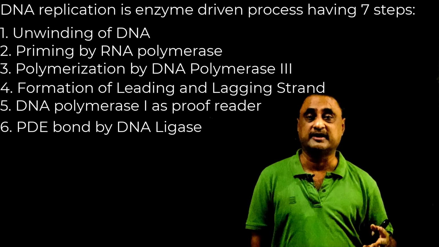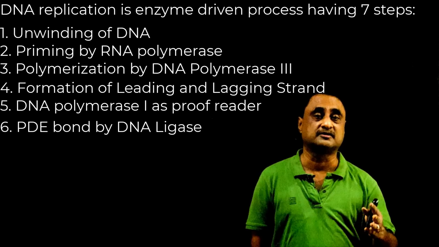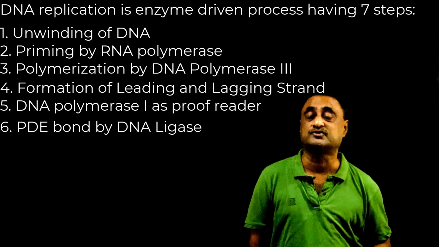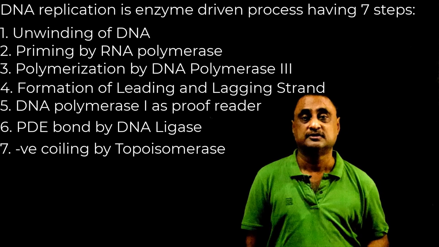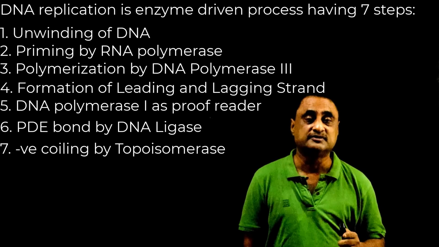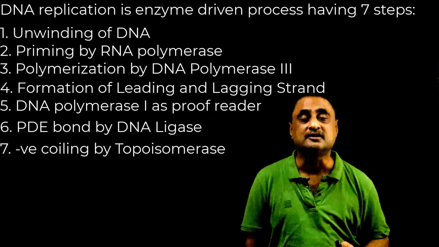It is followed by the formation of phosphodiester bonds by the DNA ligase, and finally it is the topoisomerase which induces negative coiling and thereby completes the entire process. Thank you.